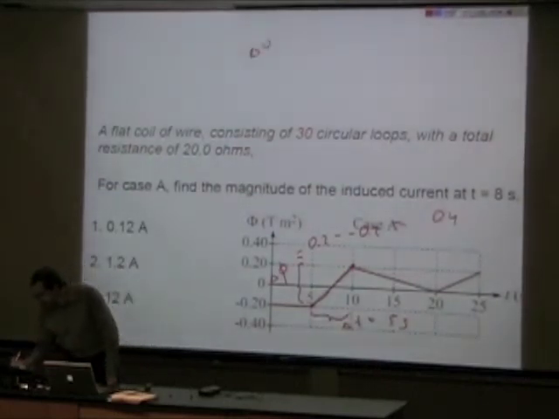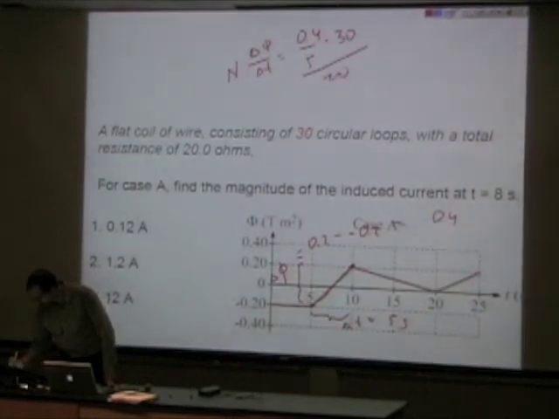Now, delta phi over delta t is 0.4 over 5. And we have to multiply by the number of turns, which is 30. And we have to divide by the resistance, which is what? 20.